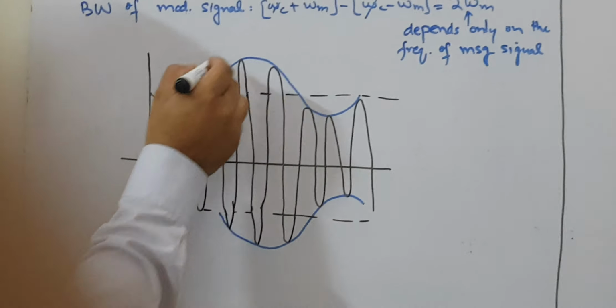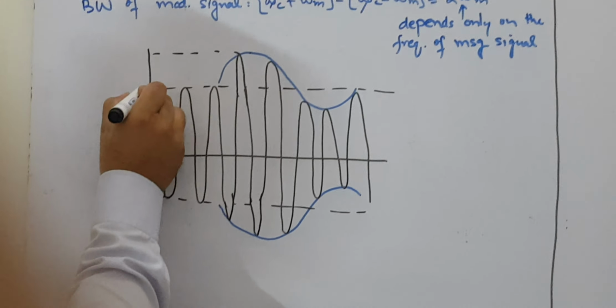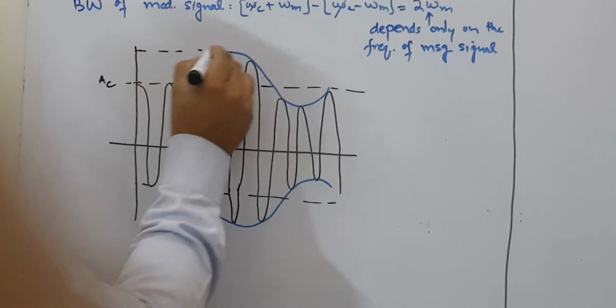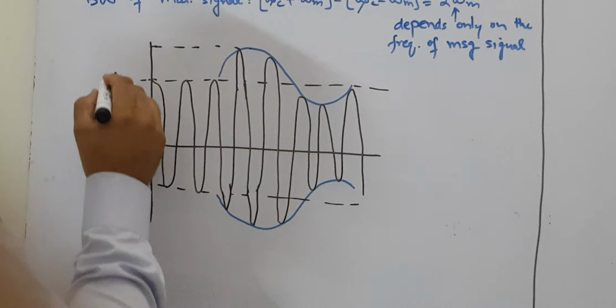Here, this is the amplitude of the carrier, and that was the amplitude of the message, AM.